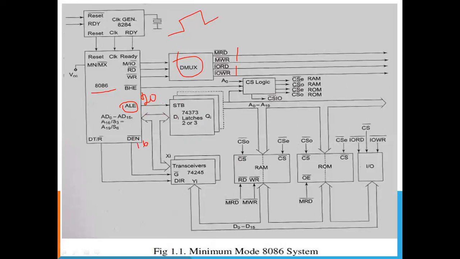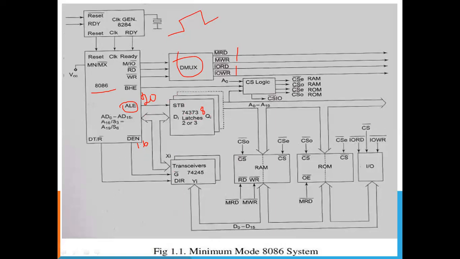If one latch size is 8-bit, 8 plus 8 means 16. The maximum size of the address supported by the 8086 processor is 20 bits, so that's why we need 3 latches: first, second and third. So the address latch enable supports 3 latches.